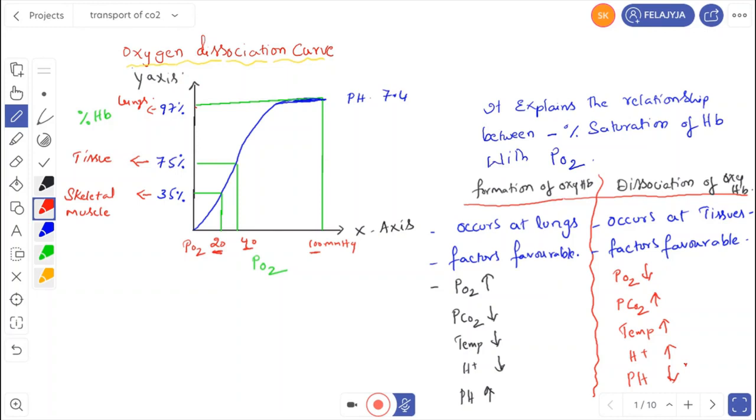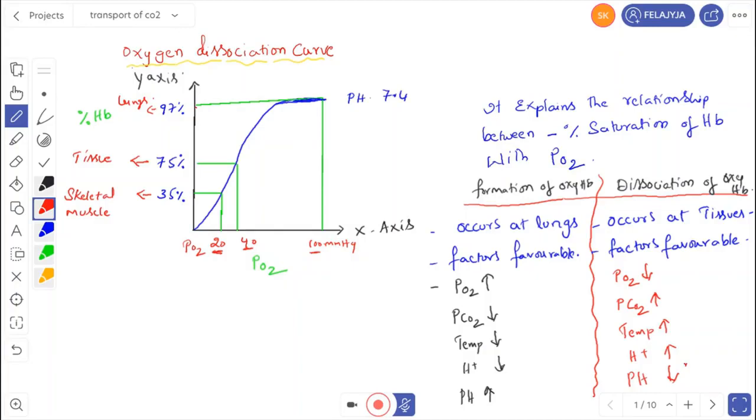So at 20 mmHg, how much hemoglobin is saturated? Hemoglobin saturation at 20 mmHg is 35%. Okay, so the skeletal muscle requires more oxygen, so more oxygen is liberated at skeletal muscle.